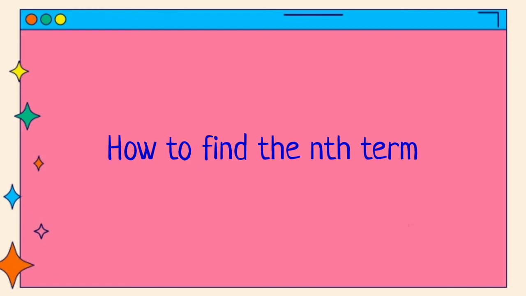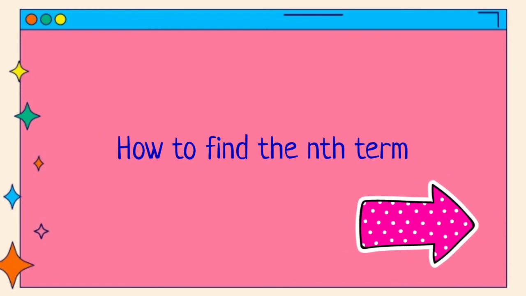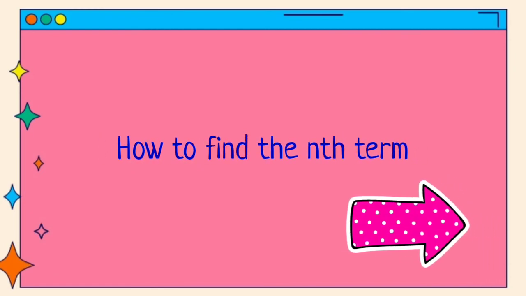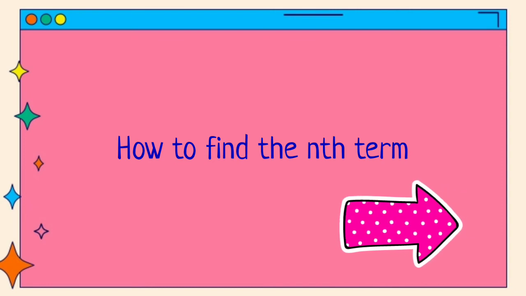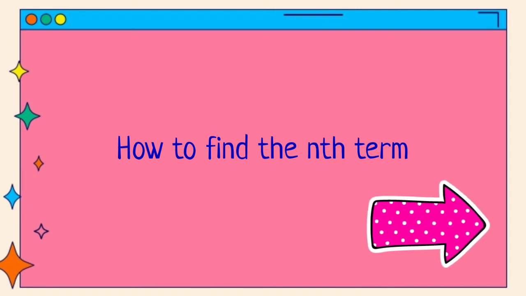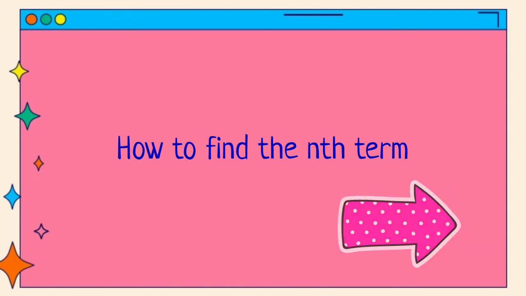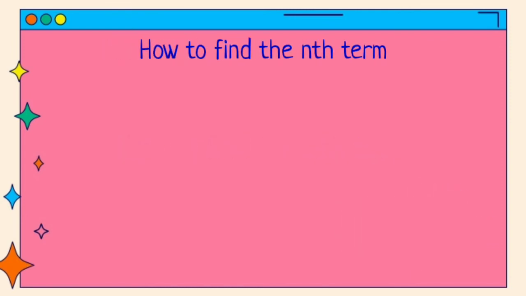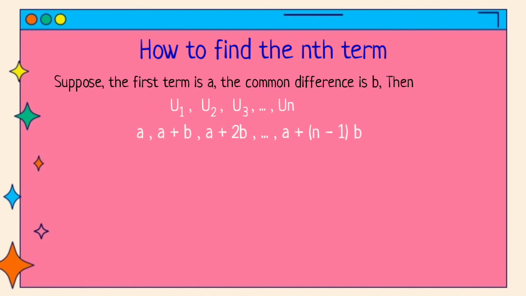Okay, this time we are going to talk about how to find the n-th term of the arithmetic sequence. We already know that a sequence of numbers is an arithmetic sequence if the difference between the n-th term and the previous term is constant. Suppose the first term is a, the common difference is b, then u sub 1 equals a, u sub 2 equals a plus b, u sub 3 equals a plus 2b, until u sub n equals a plus quantity of n minus 1 times b.